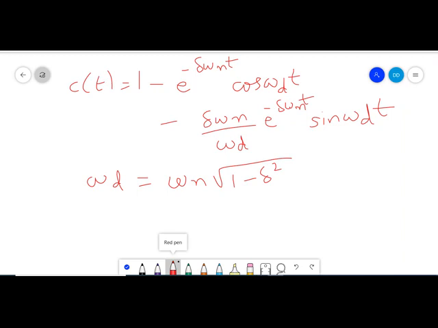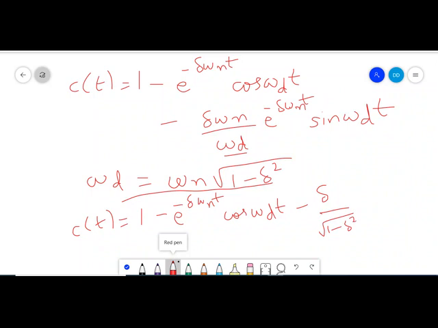So we can rewrite this as C of t equal to 1 minus e raised to minus delta omega n into t cos omega d t minus, this omega d value we substitute here, omega n gets cancelled, so we have delta divided by root of 1 minus delta square e to the power minus delta omega n into t sin omega d t.